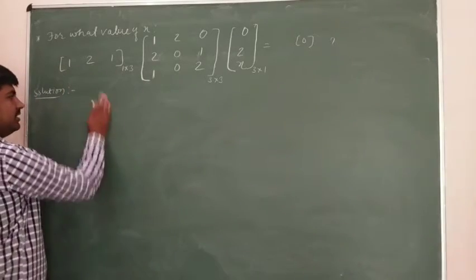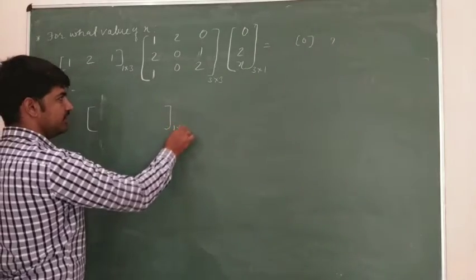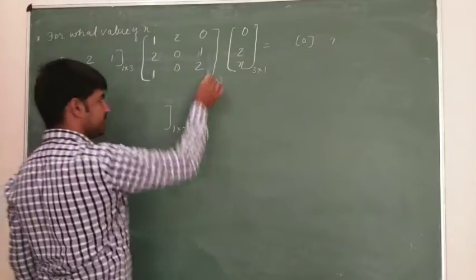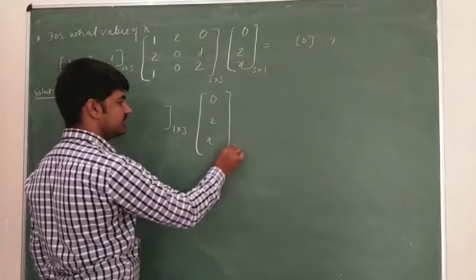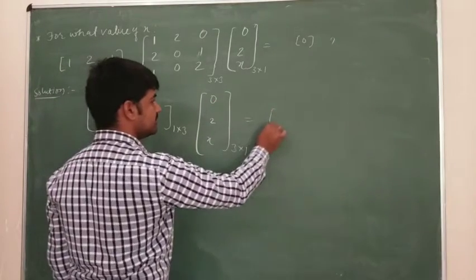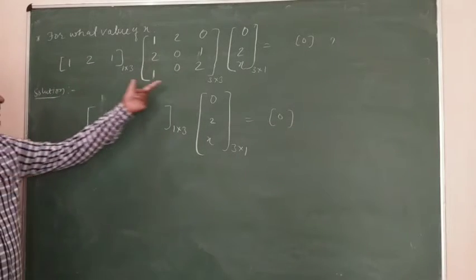So here I am writing matrix of order 1 by 3, and that will be multiplied by this particular matrix, that is 0, 2, x, and its order is 3 by 1, is equal to a 0 matrix.